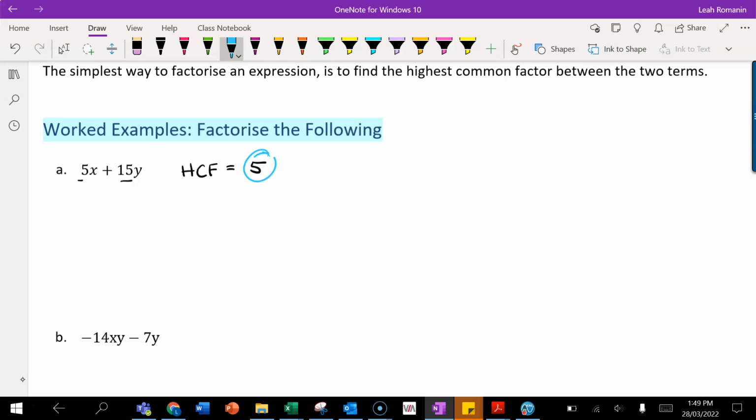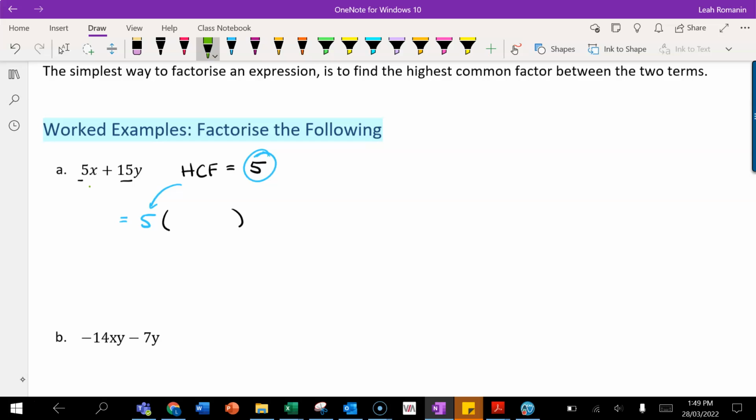Now, when you're factorizing, the number that you've picked as your highest common factor comes outside the bracket. Then you're going to create what's inside of your bracket. So your first term, the left term of your bracket, is going to be this number divided by this number.